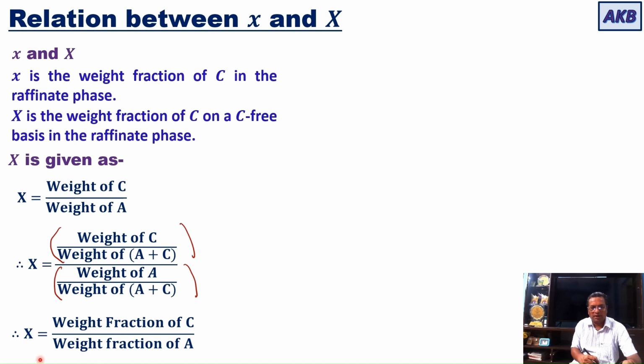So instead of writing it as weight of C divided by weight of A, by simple rearrangement, you can express capital X as the ratio of weight fraction of C to weight fraction of A.